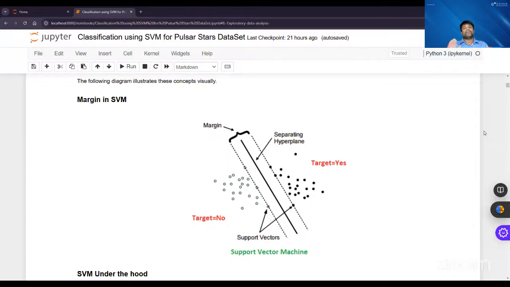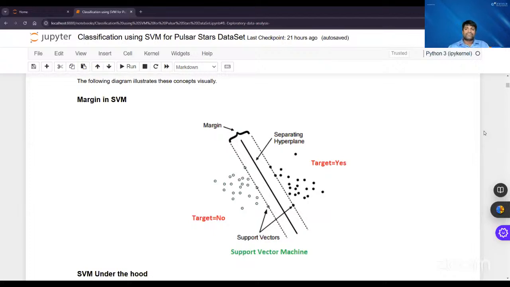Now, the most important thing to understand after that, the first point, is the hyperplane. So we build a hyperplane. And we also build a certain thing called margins. Now, why do we build margins? Because when we build a hyperplane, it is just a line.